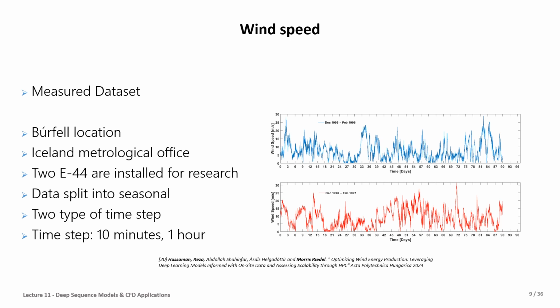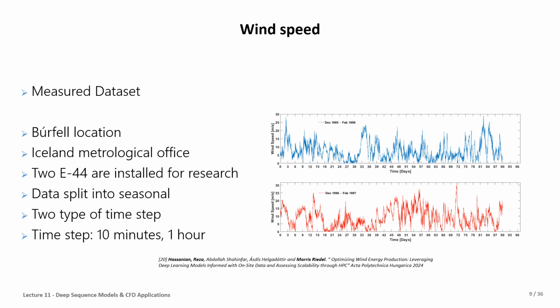There are two types of measurement of the data, 10 minute time step and 1 hour time step. In this slide, we are presenting the wind speed from December 1995 to February 1996, and the other one is from December 1996 to February 1997.